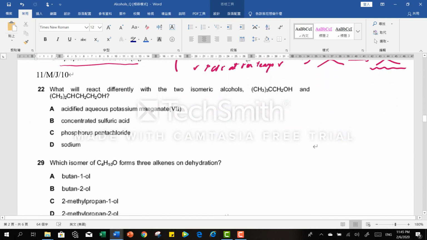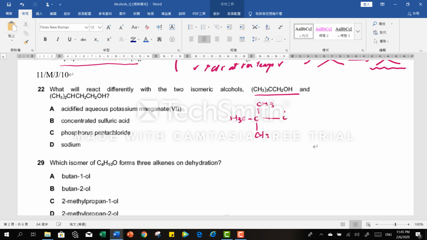Oh, this one. What will react differently with the 2 isomeric alcohols? Now you can draw the alcohols out further if you cannot see clearly. So one is like that, and this one will be like that, so that they both end with a primary alcohol.